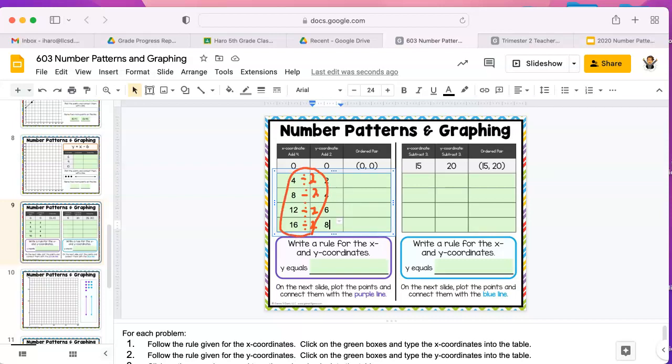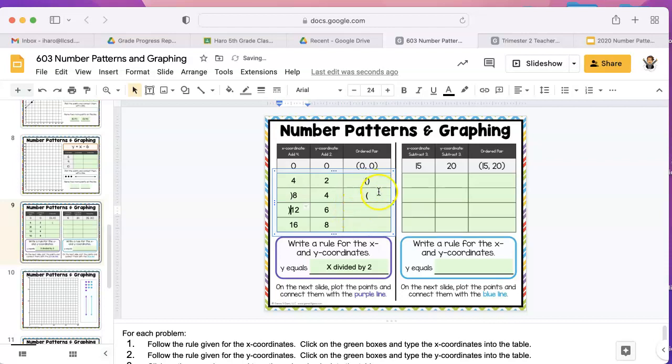So let's go ahead and do that. Type in x divided by 2. And then just go ahead and type in the coordinate pairs right here. You guys know what to do.